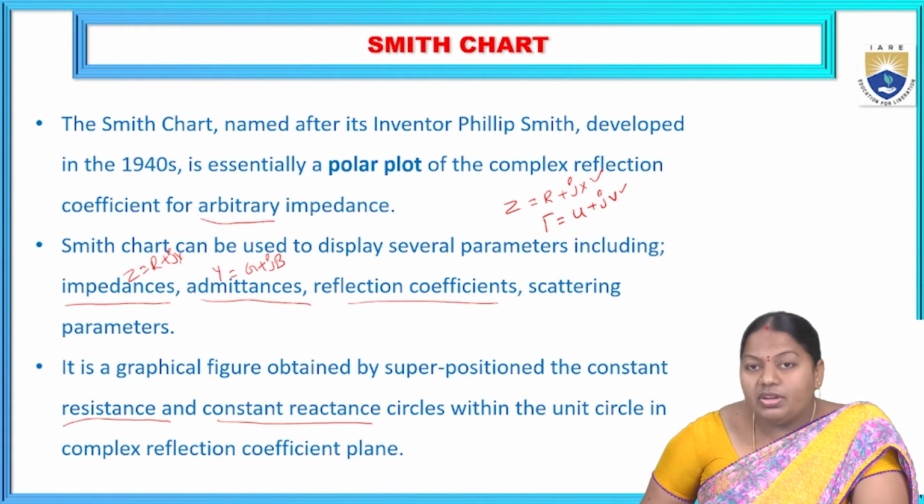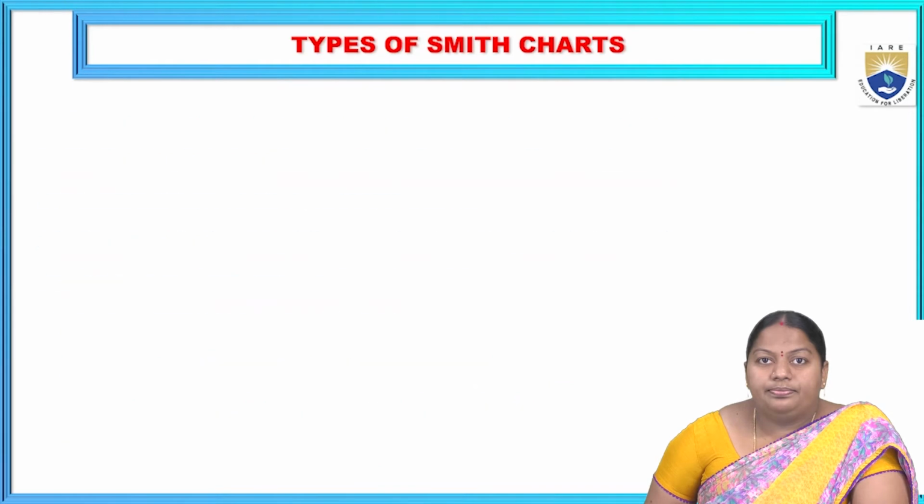This reflection coefficient is a complex form, or polar plot, which has magnitude and phase functions. Magnitudes are always real terms and phase functions always represent imaginary functions.